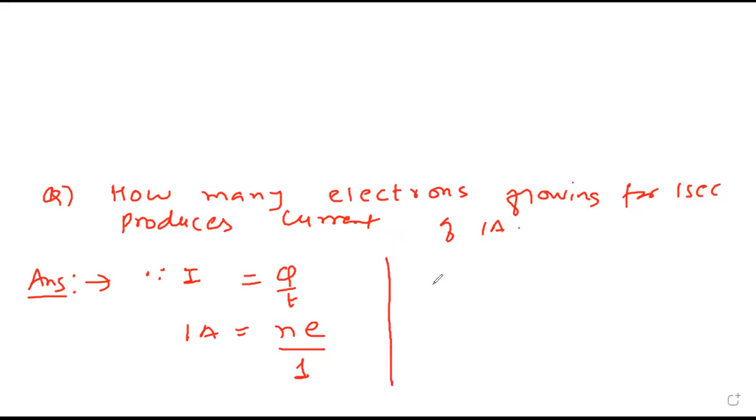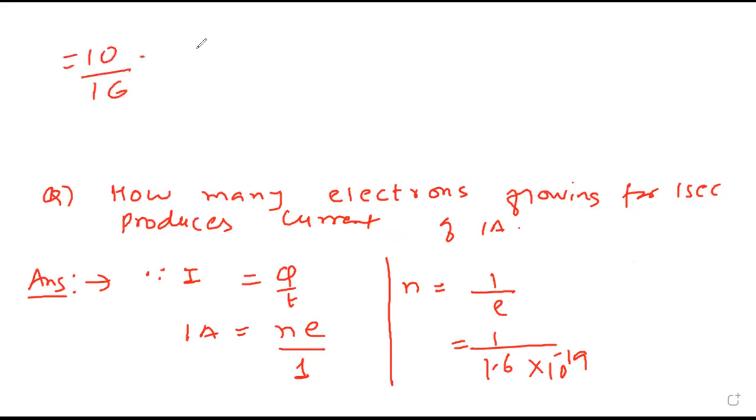From this n will become 1 upon e, where e is the charge of electron, 1.6 into 10 raised to minus 19. That is 10 upon 16 into 10 raised to 19. I removed one decimal from the denominator.